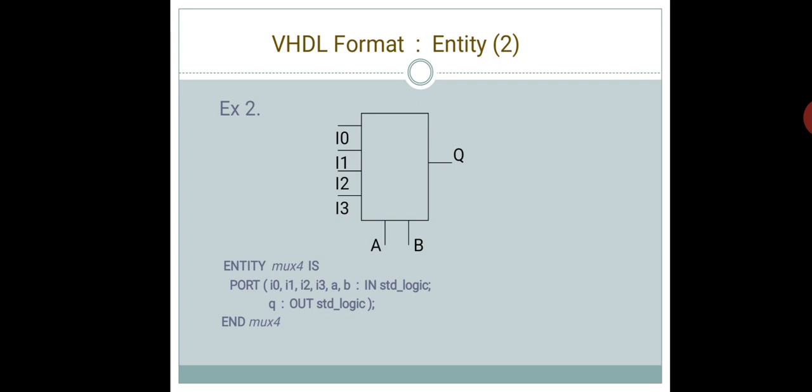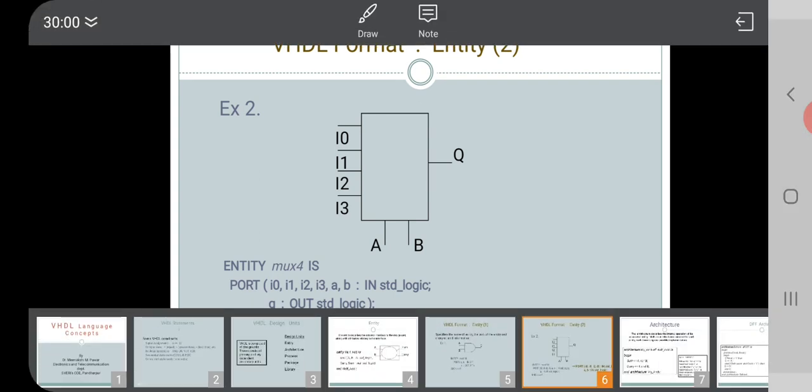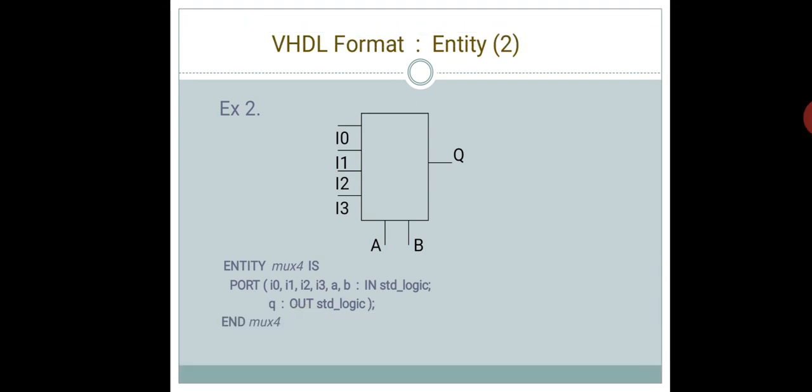Each and every port should be separated by a semicolon, and Q is the output. In another way we can also write it as a port where I0, I1, I2, I3 are input standard logic, and in the second line A and B are input standard logic. Both assignments are equal.